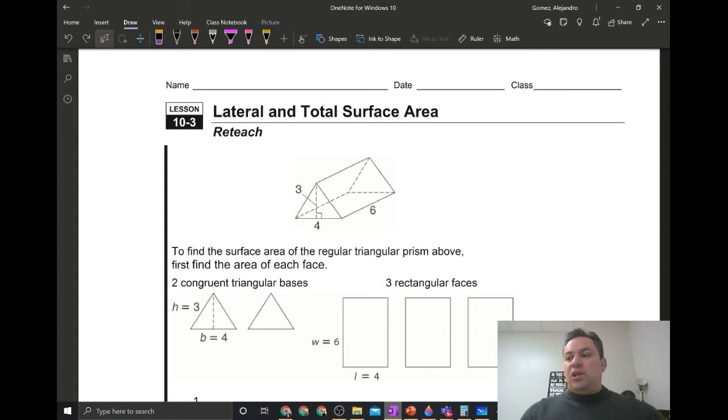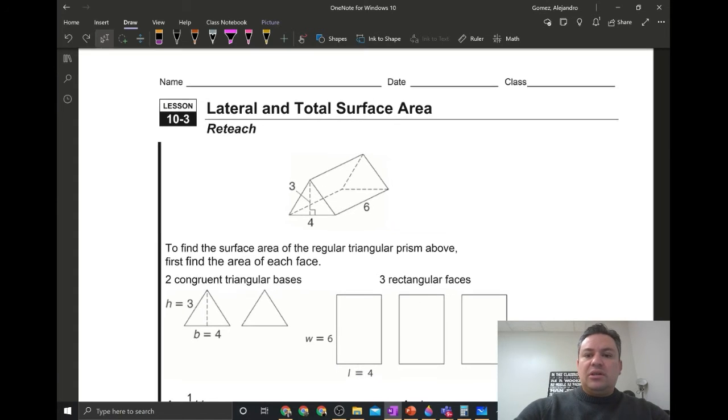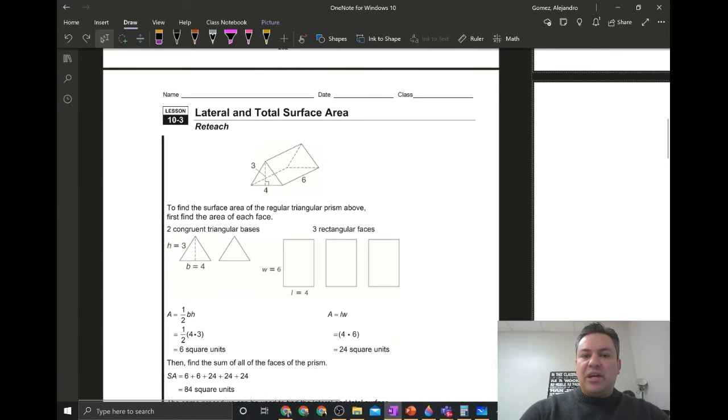Now, I'm going to run through a few problems. First, I'm going to find the lateral and the total surface area for a box and a triangular prism, because I want to separate the videos, I don't want to make them too long.